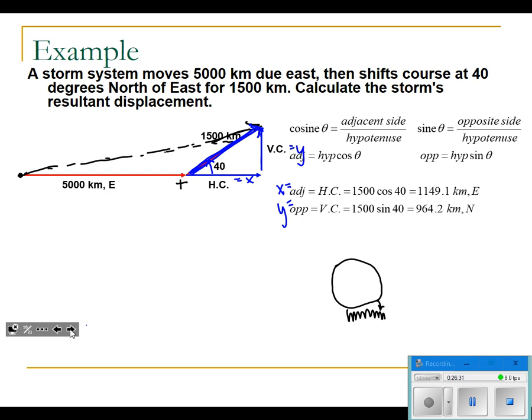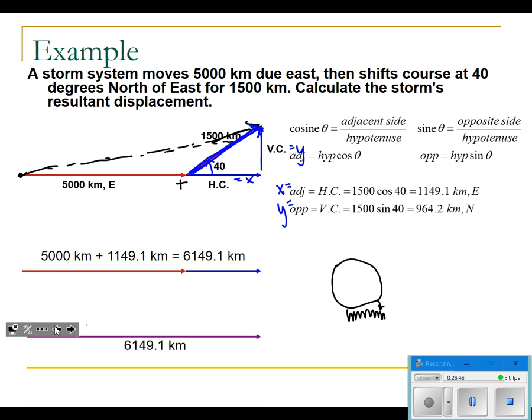So really now my entire x piece is the 5,000 plus the 1,149. So I end up with an entire x piece that is 6,149.1. So that's my new x component, and it's going east. Then I have my y component, which is 964.2 kilometers north.